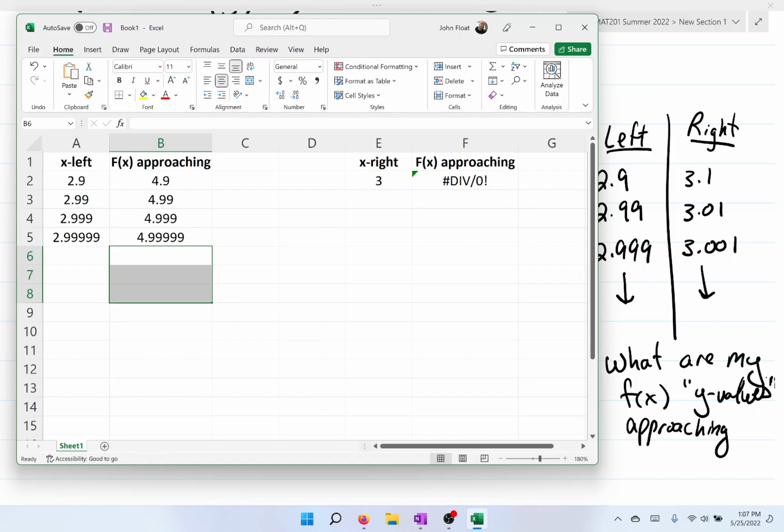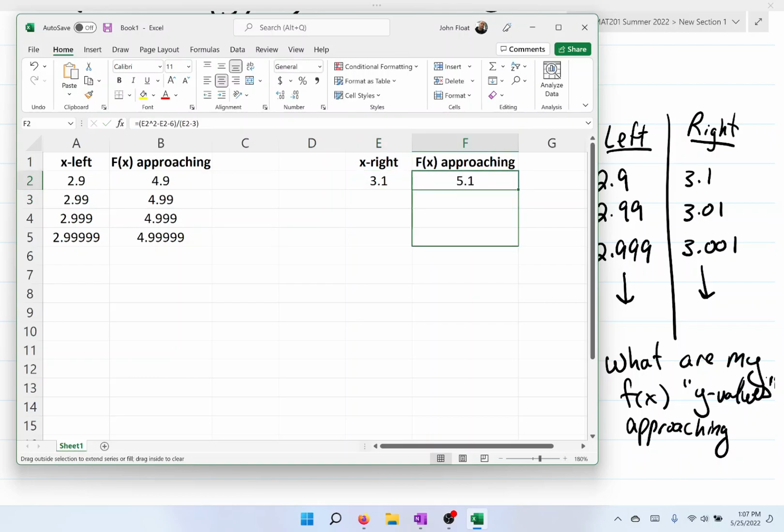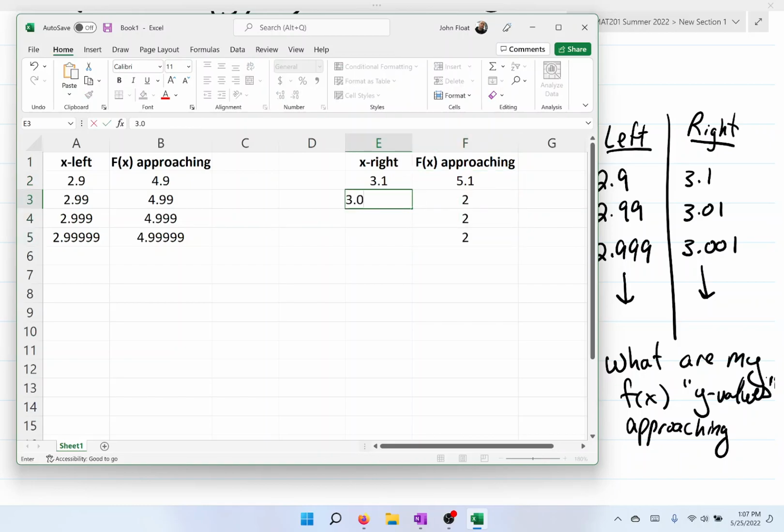Okay? Now we're going to do numbers on the right-hand side of 3. So how about 3.1? All right, and notice that it's 5.1, okay? So I'm going to go down just a couple cells here and copy down the formula. How about 3.01? And then 3.001? And 3.0001.